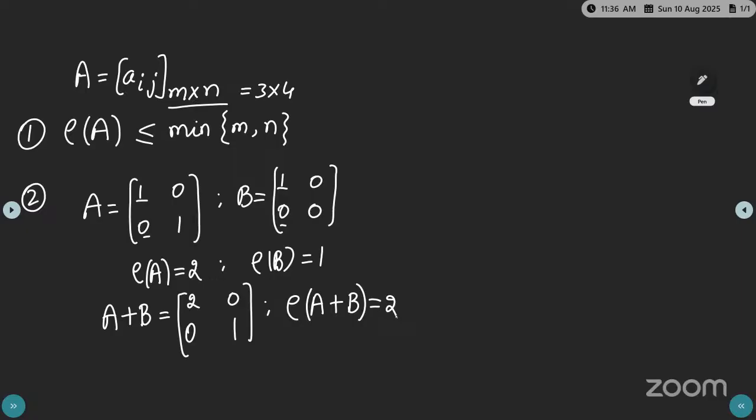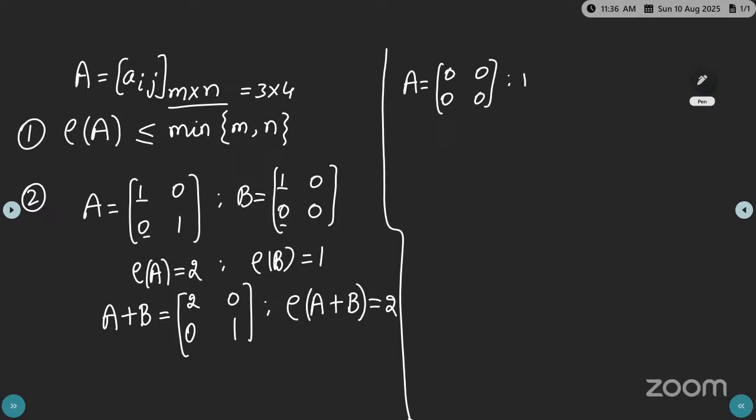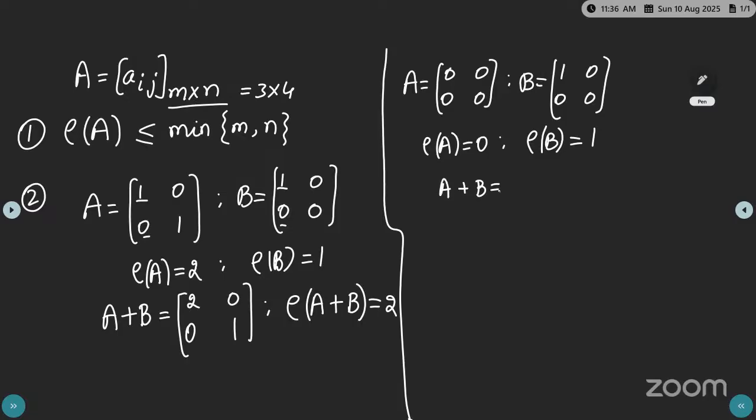So if you want, I'll give you another one. If A equals 0, 0, 0, 0, B equals 1, 0, 0, 0. What is rank of A? 0. What is rank of B? 1. Now what is A plus B? 1, 0, 0, 0.